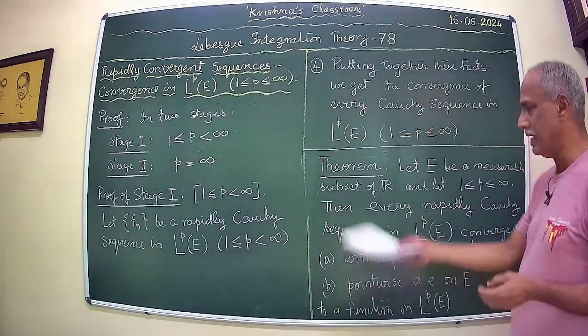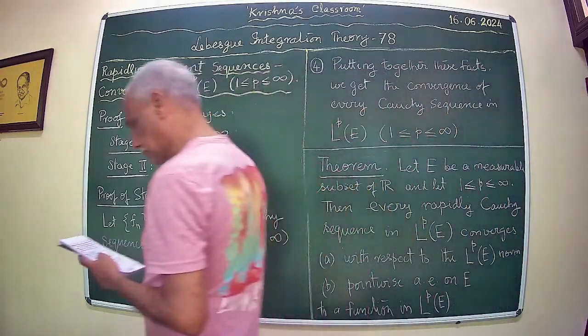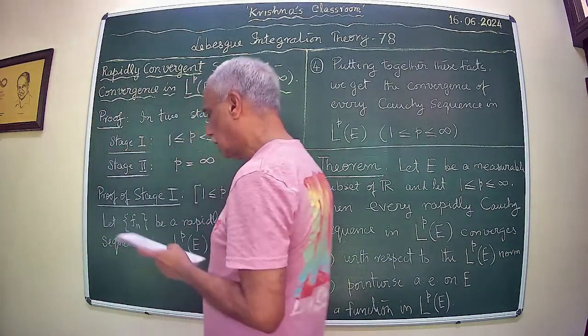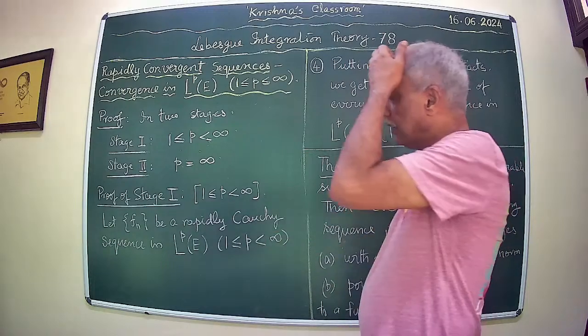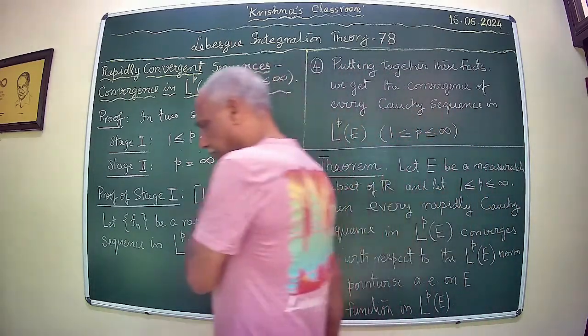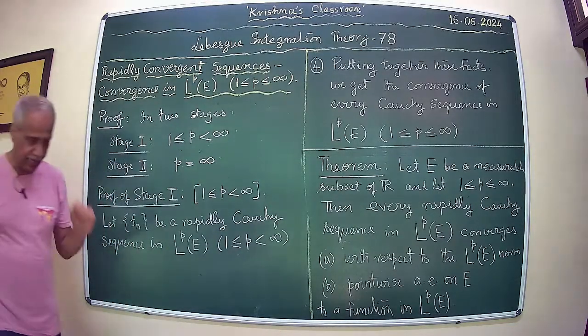So it can be any one of these cases. Now, suppose Fn belongs to LP(E) for any of these p that I am going to talk about. What do I have?